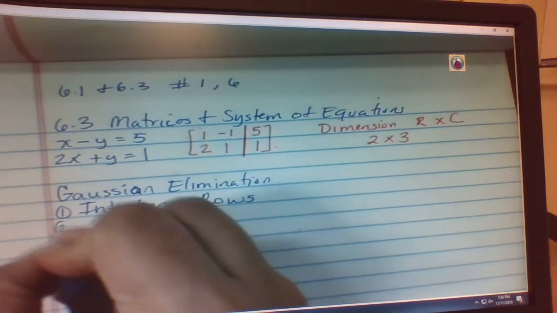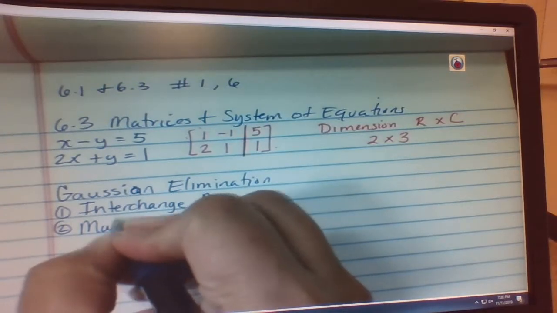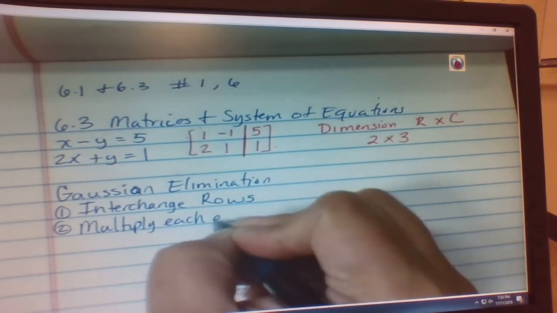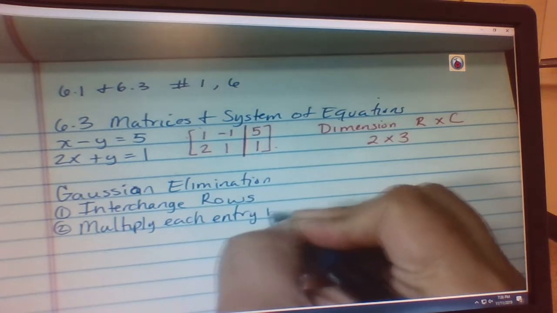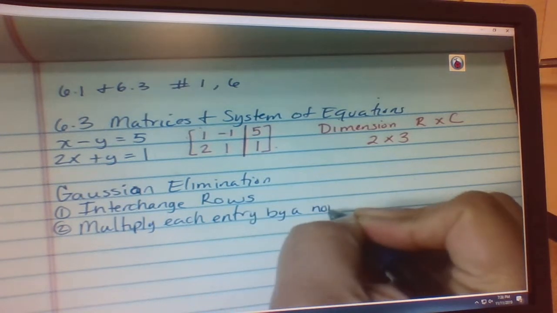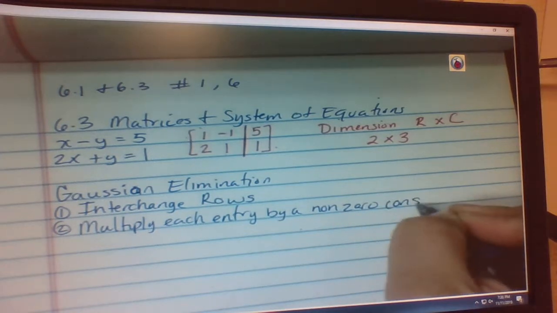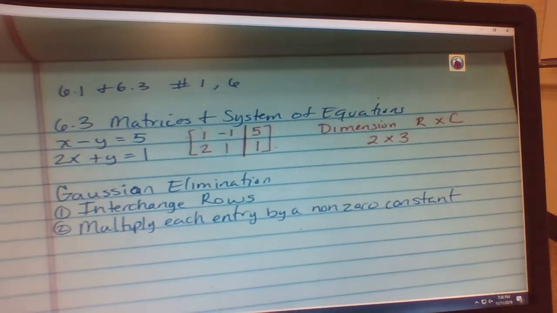The other thing you can do is multiply each entry by a non-zero constant. This you do when you're trying to get a 1, and I'll tell you exactly what that means in a little bit.